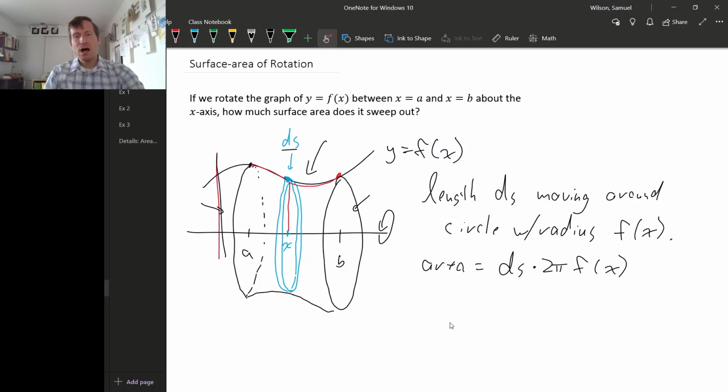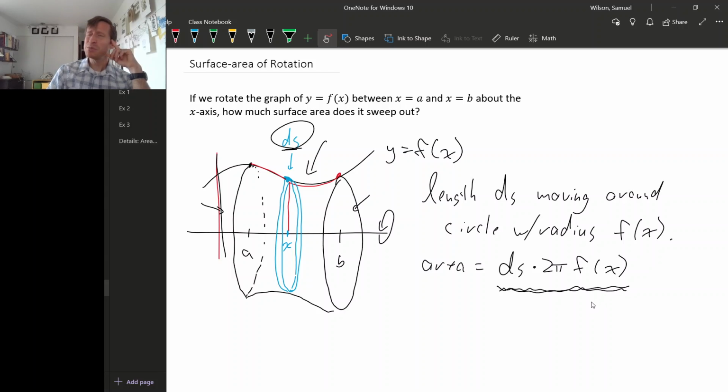Now this intuition does have one caveat, which is that the direction that this small segment is moving has to be perpendicular to the small line segment. But in this case, it is. As it rotates, this small bit of arc length is always perpendicular to the direction that it's moving in. So this seems a little more likely.